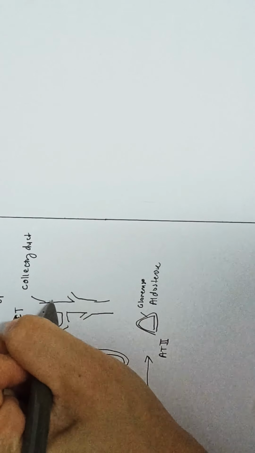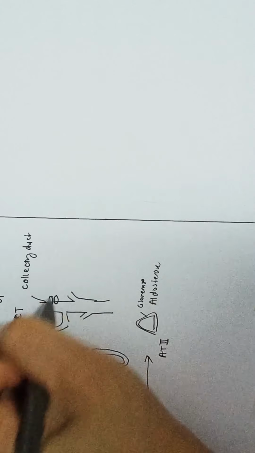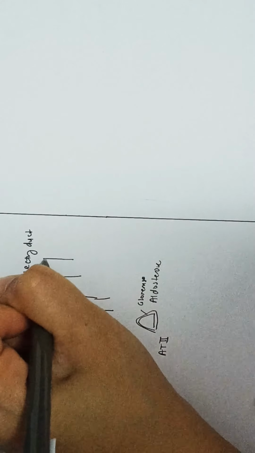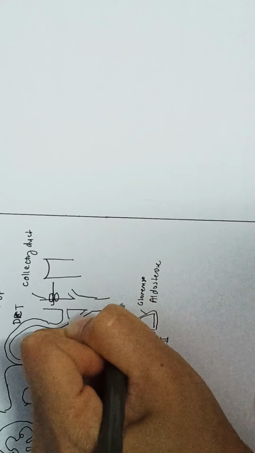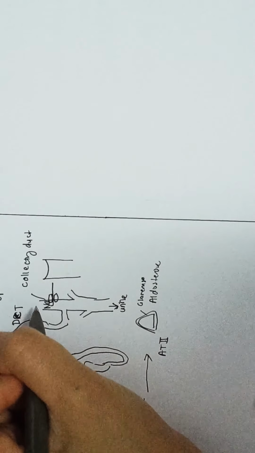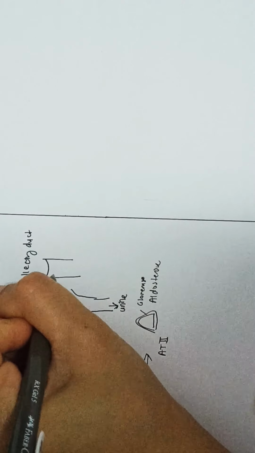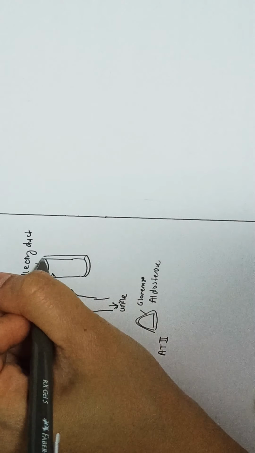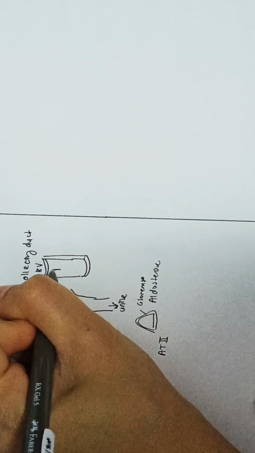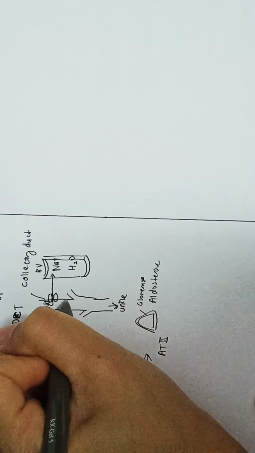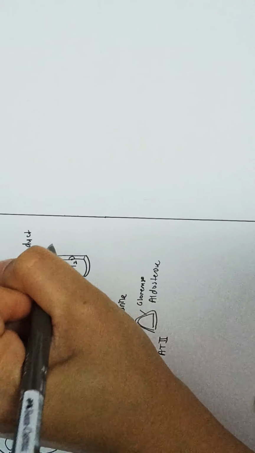What it does is pump the sodium into the blood vessels. Otherwise this would become urine. So the sodium inside the collecting ducts will be transported into the blood vessels. The sodium together with the water will be reabsorbed.